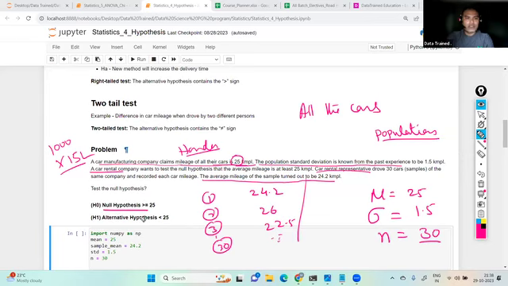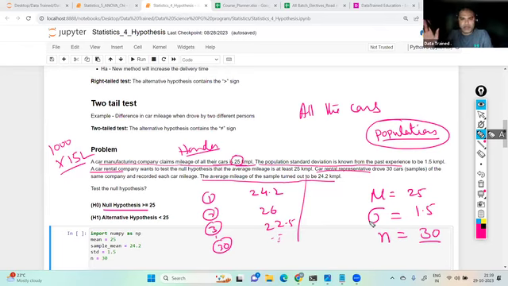Now the null hypothesis. Whenever they talk about a population, they're talking about a population average. Usually whenever we go to any showroom, whatever they say, we kind of trust them.